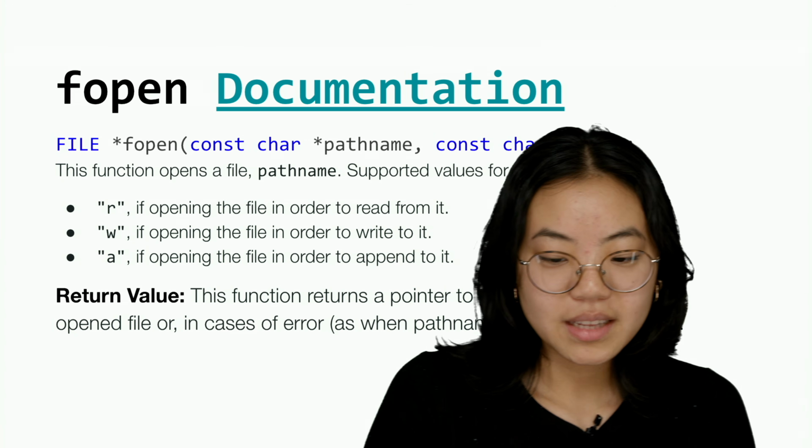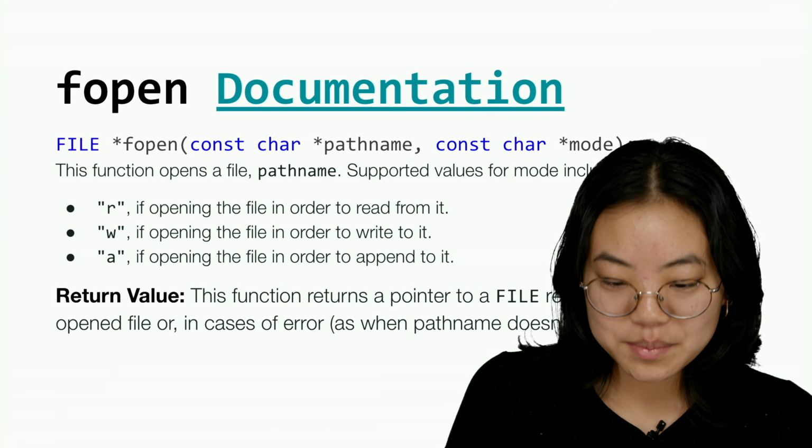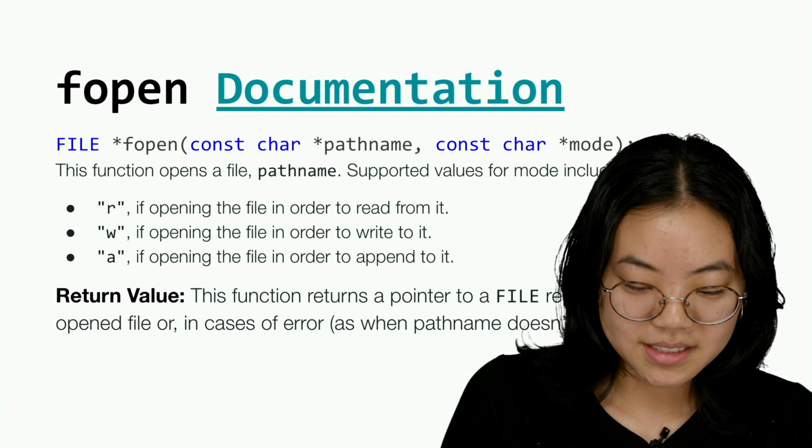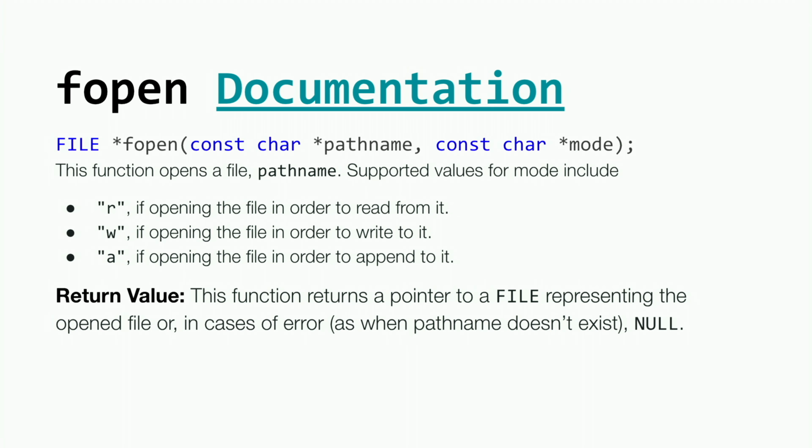It's a bit cryptic, but more or less this is saying fopen takes in these two inputs. The first input is a char *, so a pointer to a character that contains the path name. In the last example, we had index.txt as that path name.